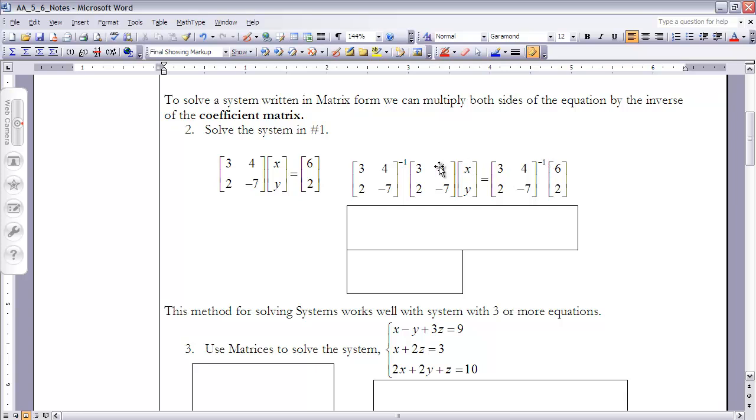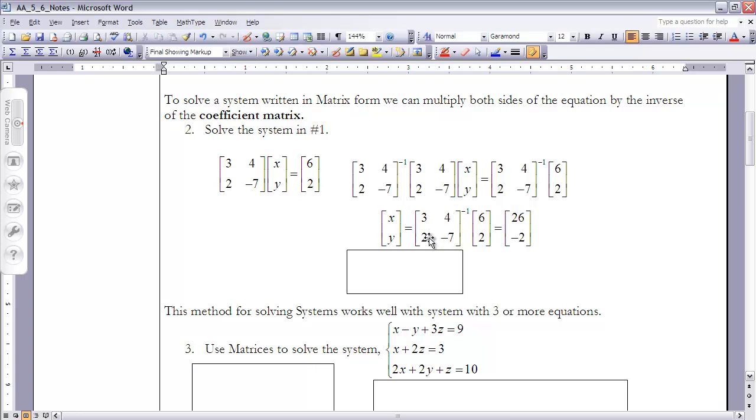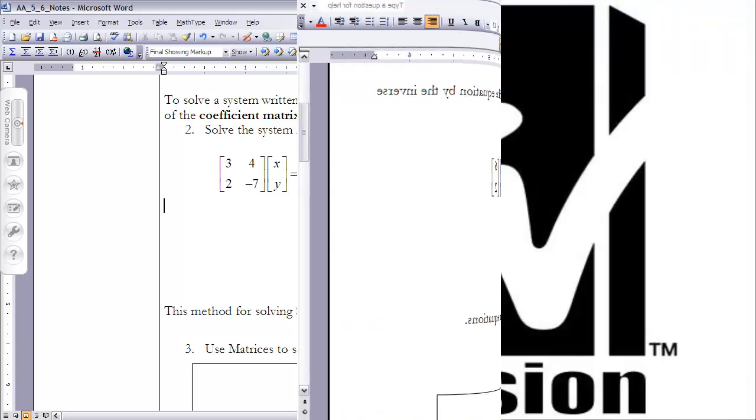If I do that on the left hand side, the coefficient inverse times the coefficient matrix just gives me [x, y]. So [x, y] is equal to whatever we have on the right. You can use your graphing calculator to multiply that out. When you do that, you end up with [26, negative 2].